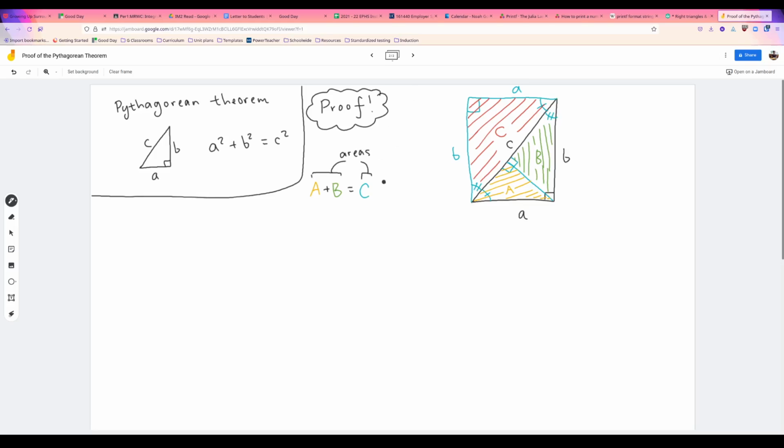All right. The amount of space in the yellow triangle plus the amount of space in the green triangle equals the amount of space in the red triangle. Pretty simple.